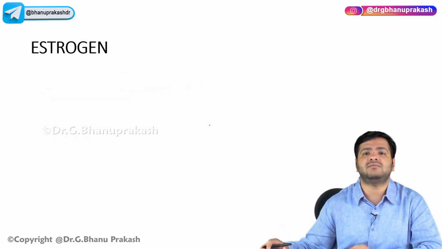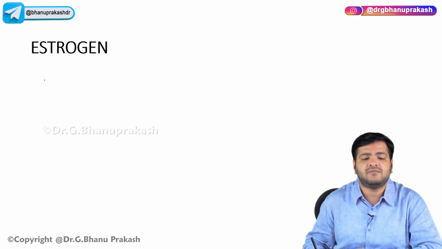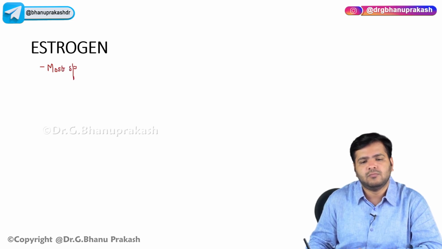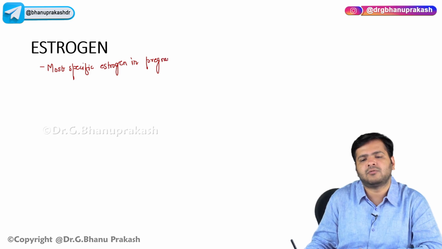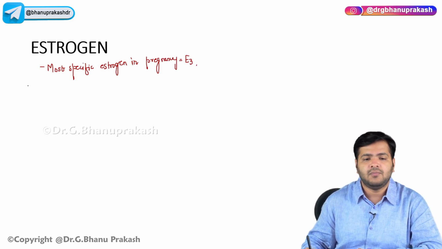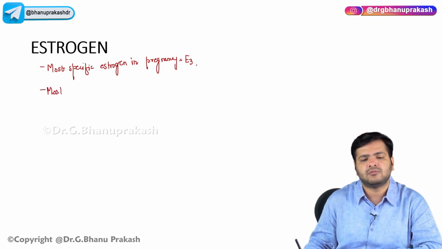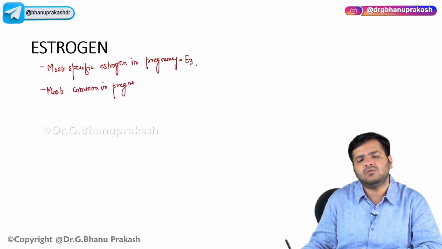Now coming on to the estrogen. Remember, the most specific estrogen in pregnancy is E3. The most common in pregnancy is E2.